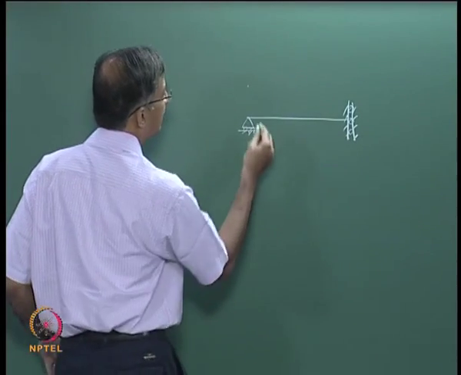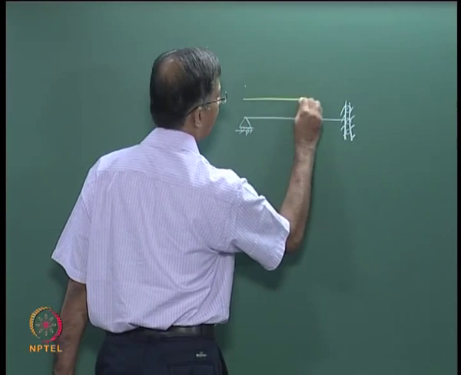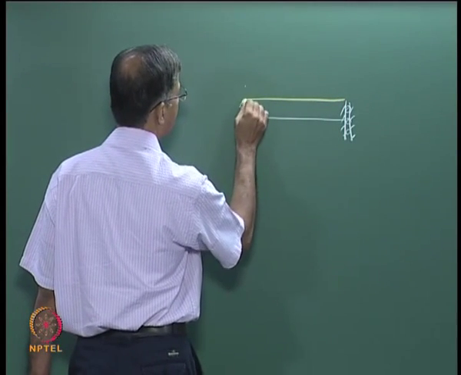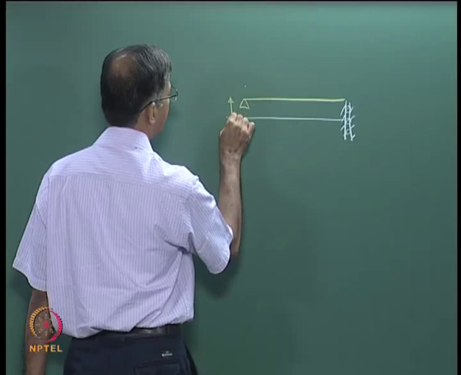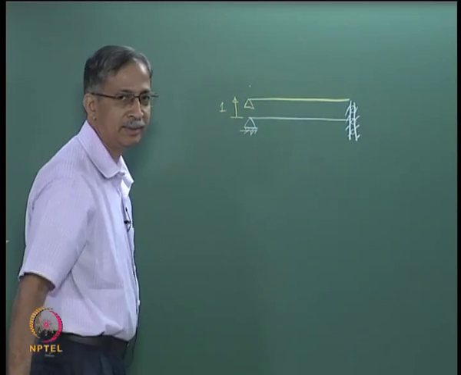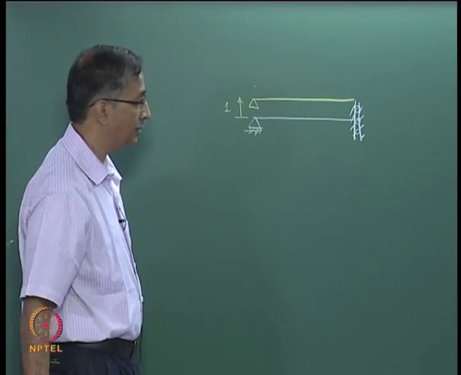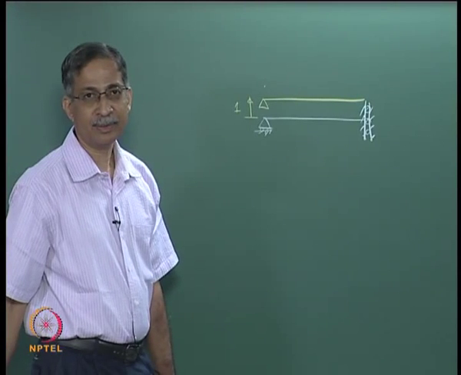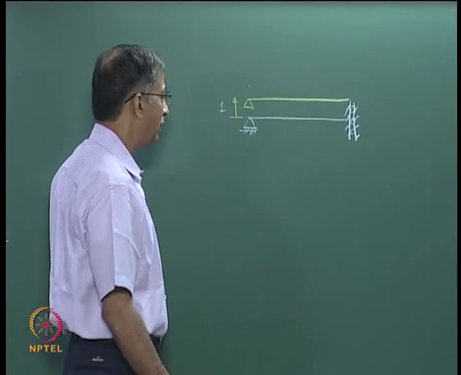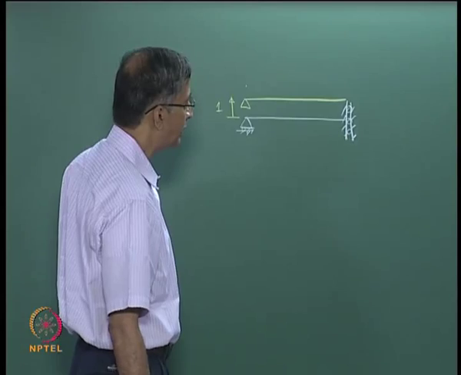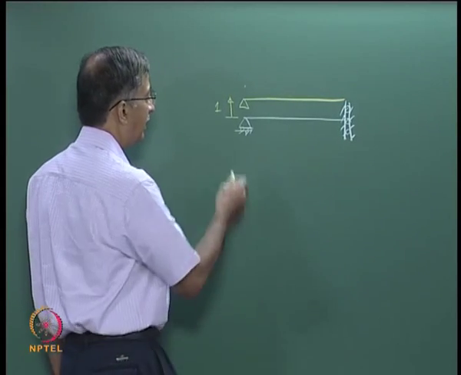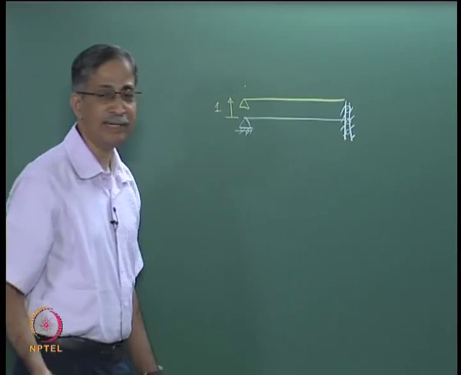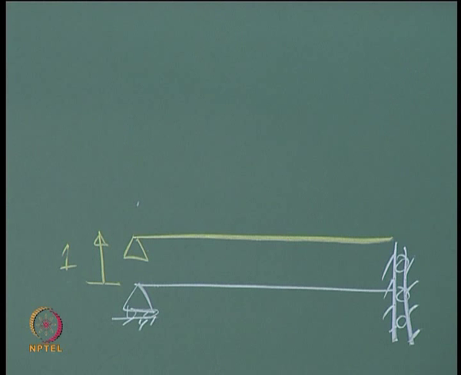If you have a movement here, it will just move like that, a rigid body movement. So in terms of rotations, you don't have any rotations, so that's why the rotation value is 0.